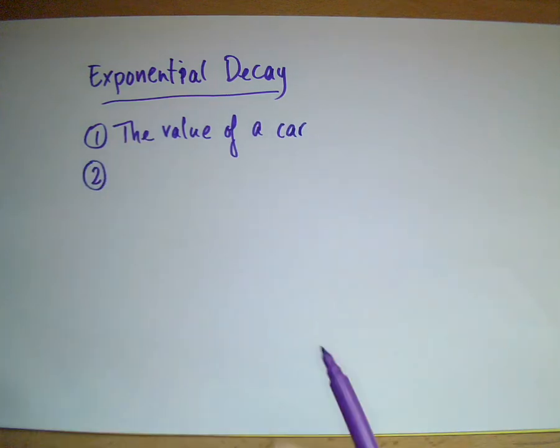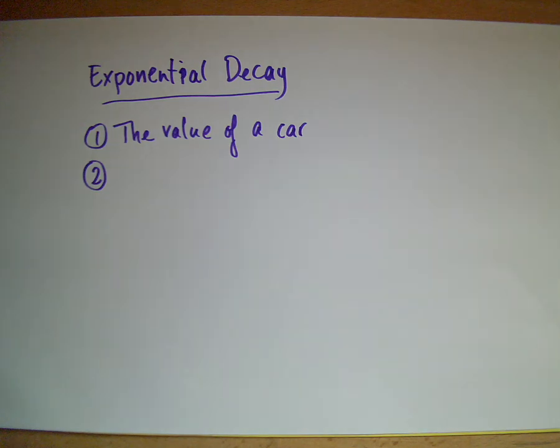Just a year later, it's worth a lot less. And the longer you wait, the older your car is, the more the price will decrease. So it doesn't decrease by 1,000 euros each year, but it decreases more and more.